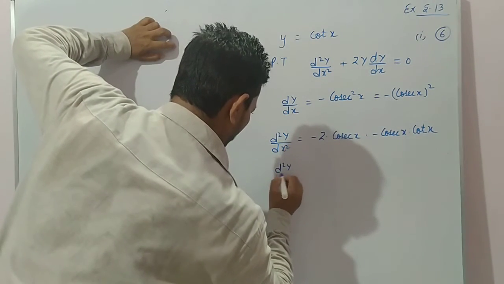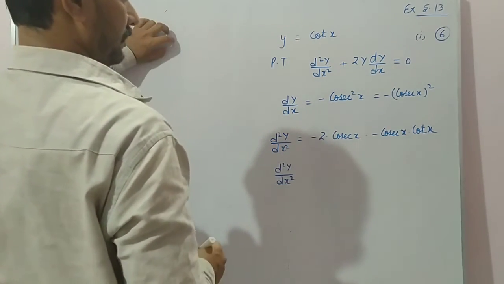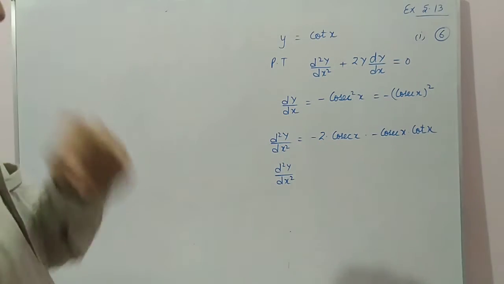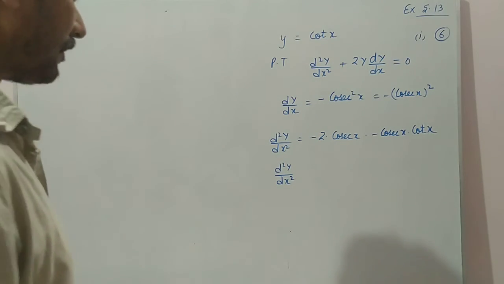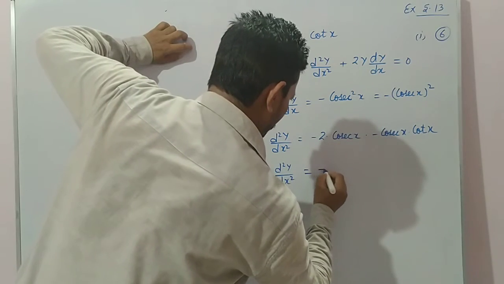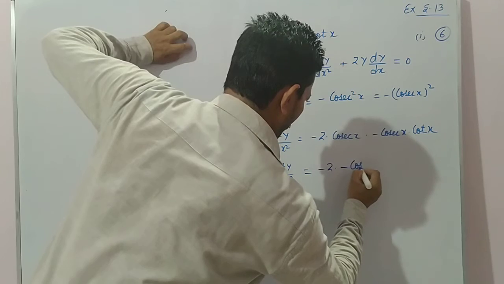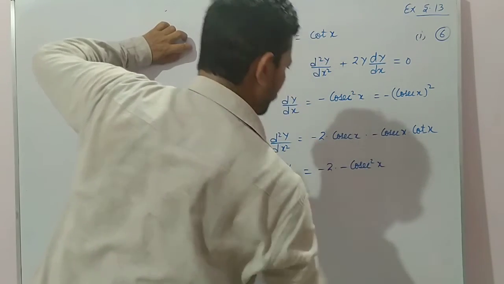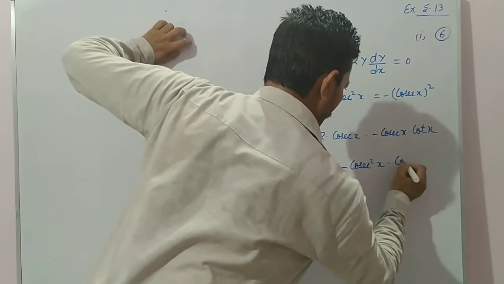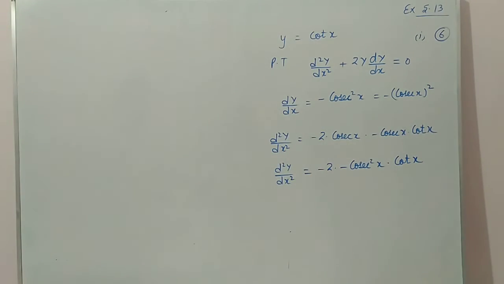So d2y by dx square you are getting 2 into minus cosec square x into cot x. Minus cosec square x can be written as what?